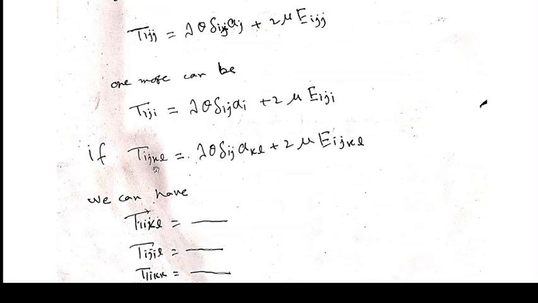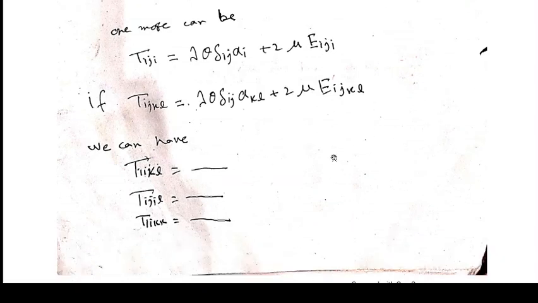Now if you have 4 indices, how many contractions can you make? You can do this as Tiikl, Tijil, Tijki, that you can make i the same as j, then with k, and also with l. Then you can have contraction by making j and k the same, j and l the same, then k and l the same, and also you can write Tiikk, another contraction.